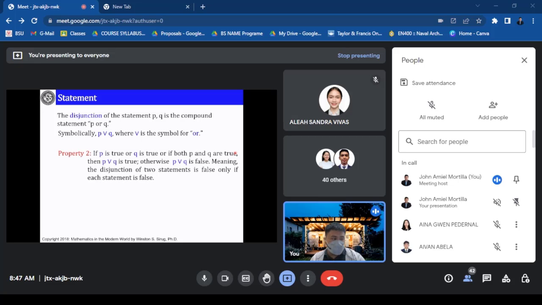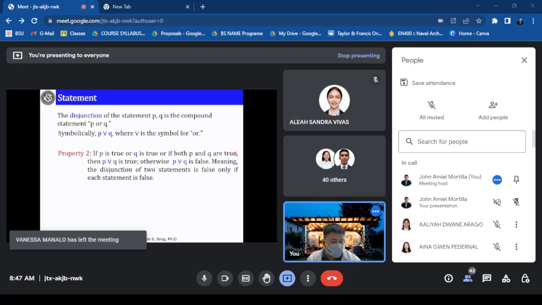Okay, so property number 2 of statements: if P is true or Q is true, or if both P and Q are true, then P or Q is true. Otherwise, P or Q is false. Meaning the disjunction of two statements is false only if each statement is false.